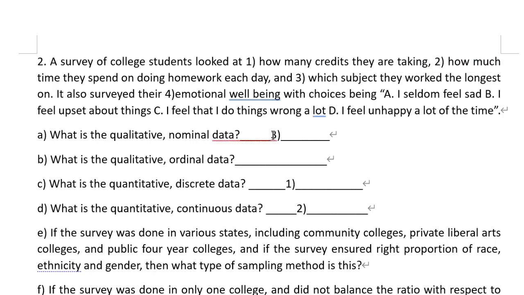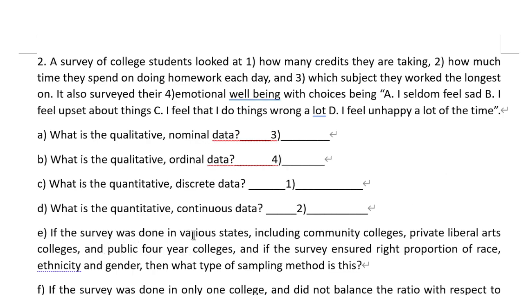On the other hand, the emotional well-being, although this is not something that you can put numbers on, you can kind of put an order on things. So like A would be a person not being in depression, but people who said D could be in depression, right? So this is more of an ordinal data. So it's qualitative, but you can order them in a certain order. In that case, it's qualitative ordinal data.